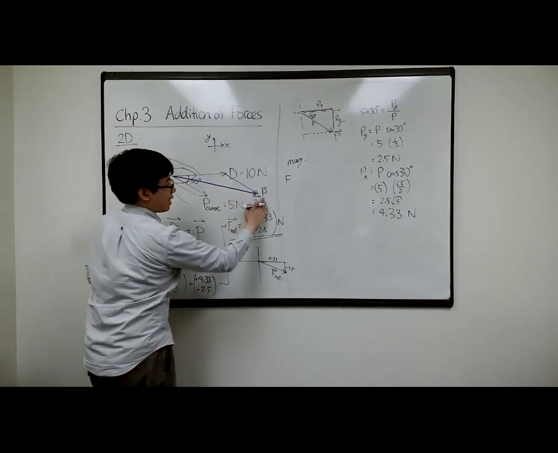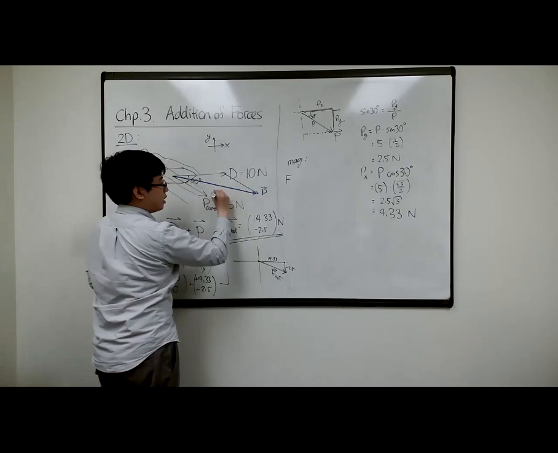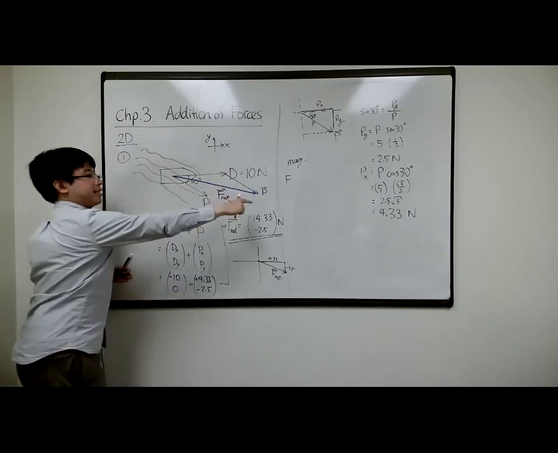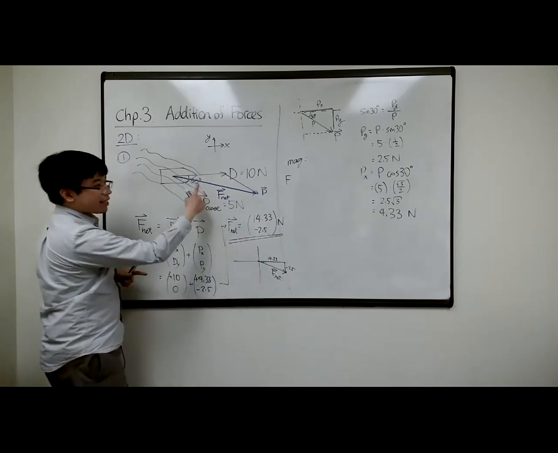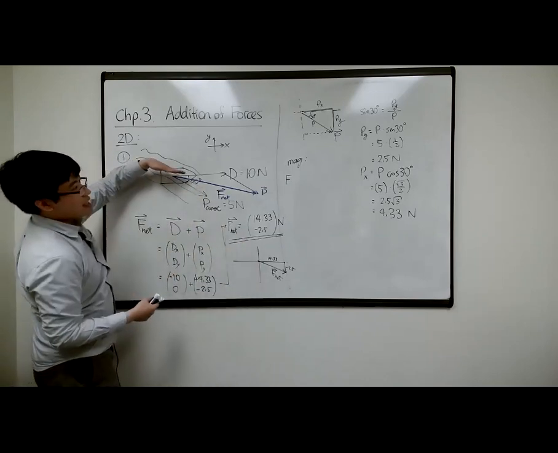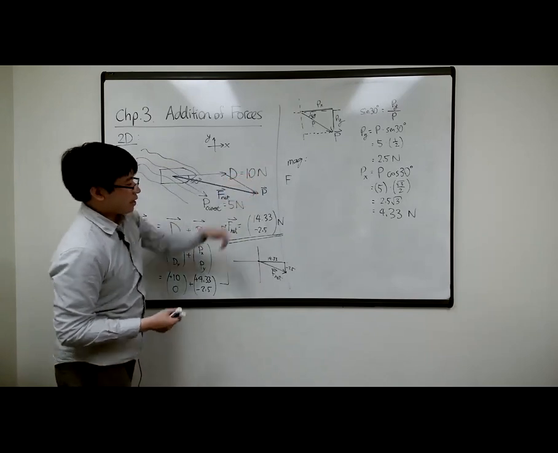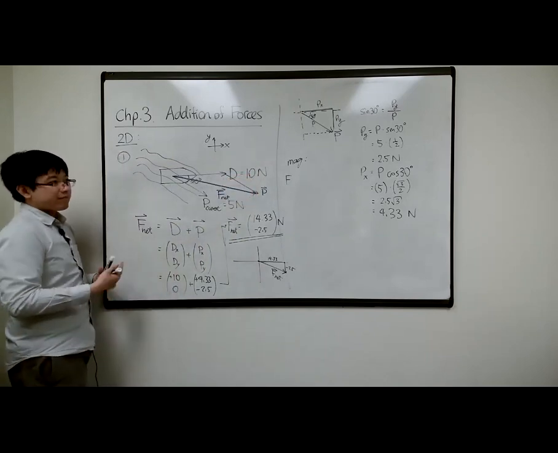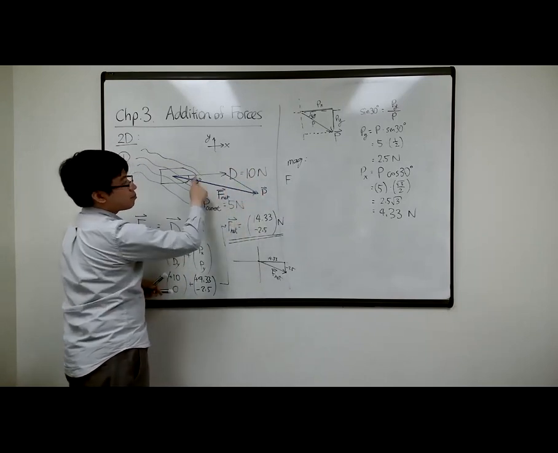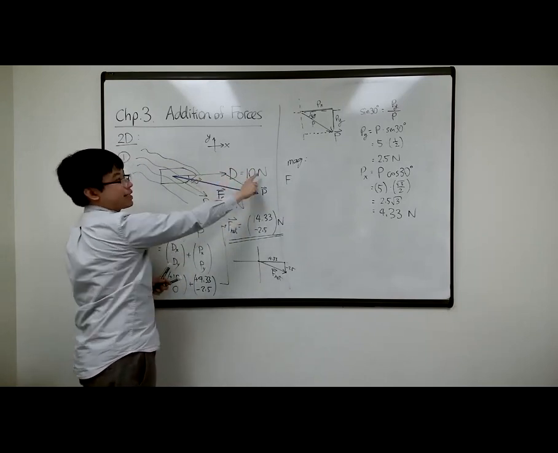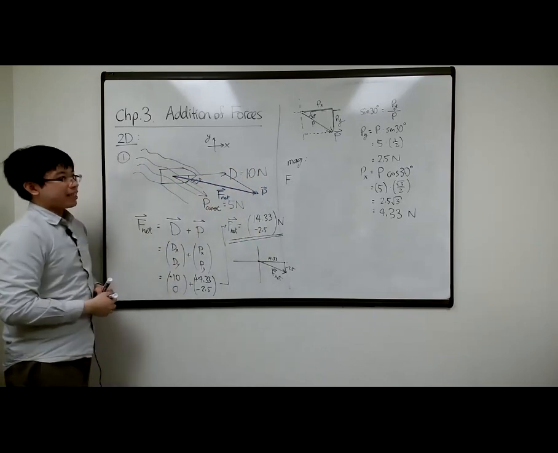Let me write that here. The thicker line is F net. Does that look right? It looks something like 14 units this way and minus 2.5 this way. I'm not quite sure about the 2.5, but at least horizontally it went more than 10, so it looks pretty accurate to me.